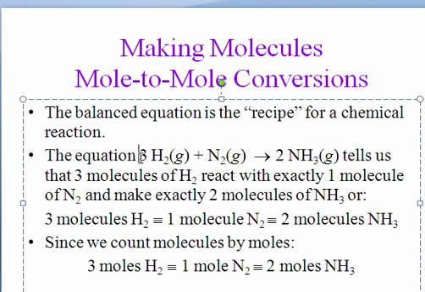So when we read this equation from now on in this chapter, instead of saying 3 molecules, we're going to say 3 moles of hydrogen react with 1 mole of nitrogen to produce 2 moles of ammonia. And like our pancake recipe, this is our mathematical relationship. For this particular chemical reaction, 3 moles of hydrogen is equivalent to 1 mole of nitrogen is equivalent to 2 moles of ammonia. We need exactly these amounts for our balanced equation, or our recipe.